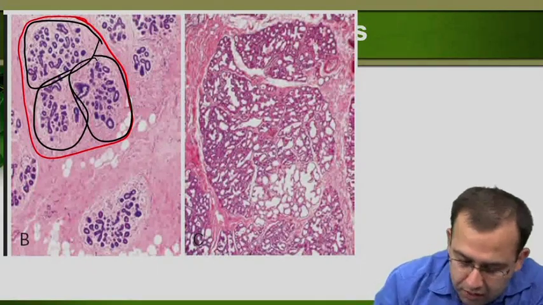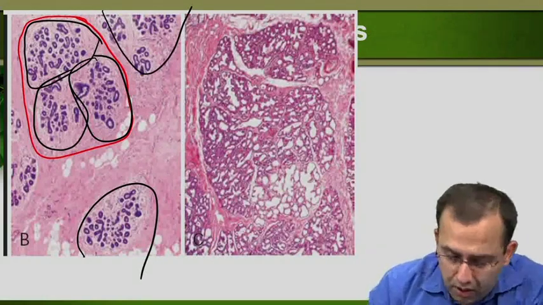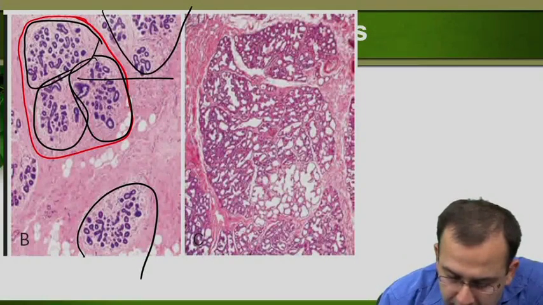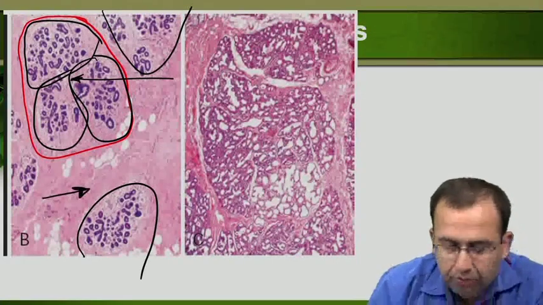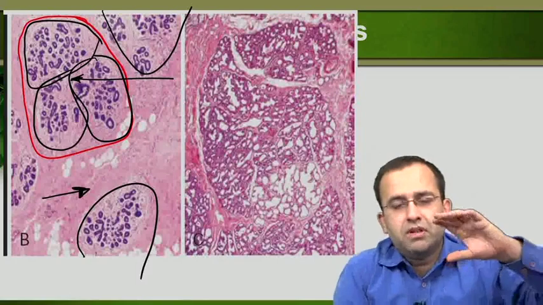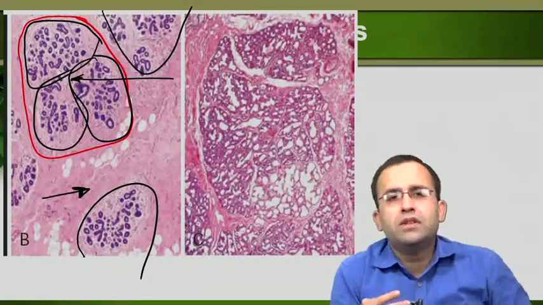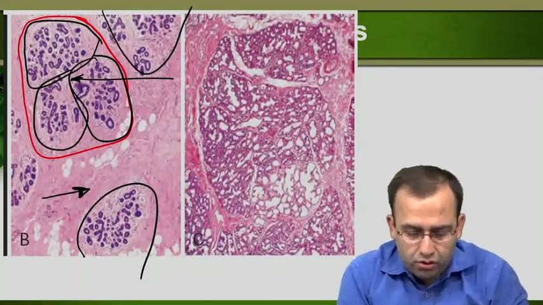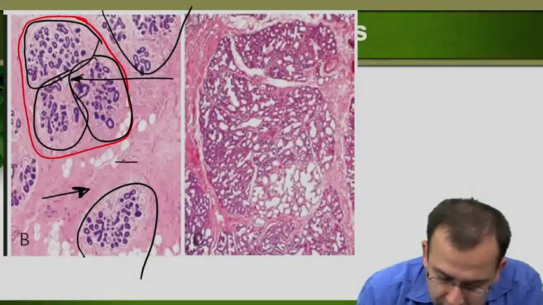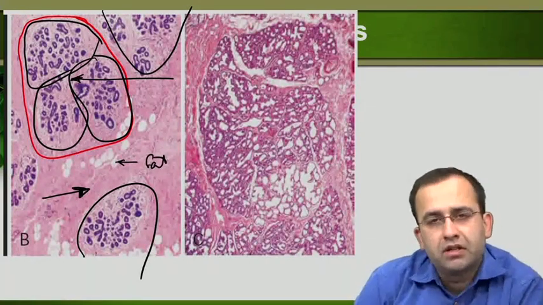This is one breast lobule, this is the next one, third one, and so on, with presence of intralobular stroma and interlobular stroma. Some stroma is present inside the breast lobule, intralobular, and between the breast lobules, interlobular stroma. The white areas are the fat spaces. So this is a nice normal breast.